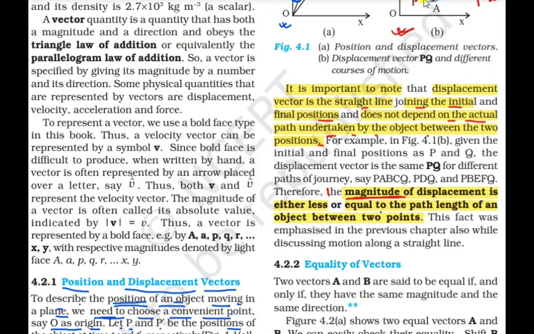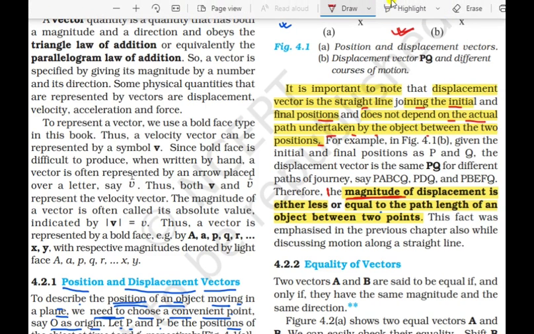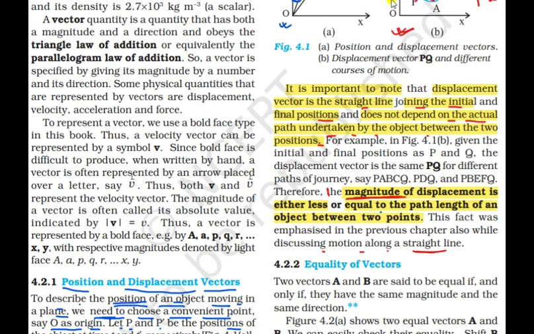This fact we have already emphasized in the previous chapter while discussing motion along a straight line. If I compare displacement and distance, the displacement is either equal to the distance or it has to be less than the distance. Okay, so we learned position and displacement vectors.